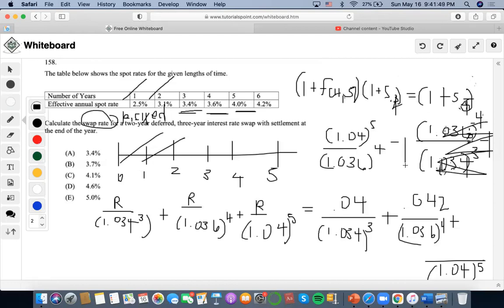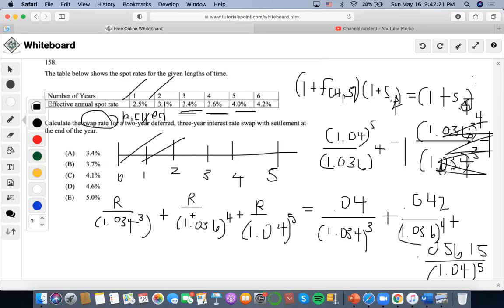So I'm going to get 1.04 to the 5 divided by 1.036 to the 4, right? And I'm going to subtract 1. So I'm going to get 5.6155 as the forward rate. So I'm going to put 0.05615.